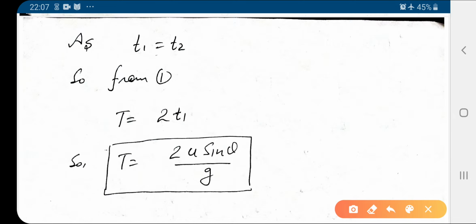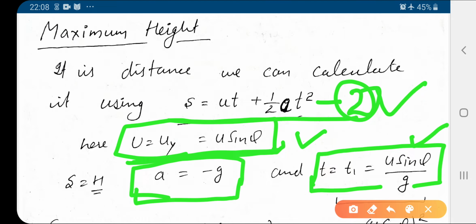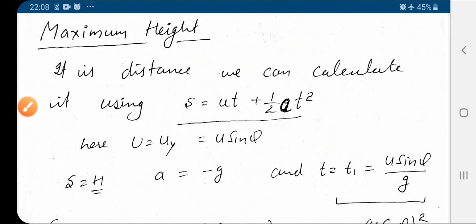So t1 we already calculated. So substituting these values in the equation, we get this.